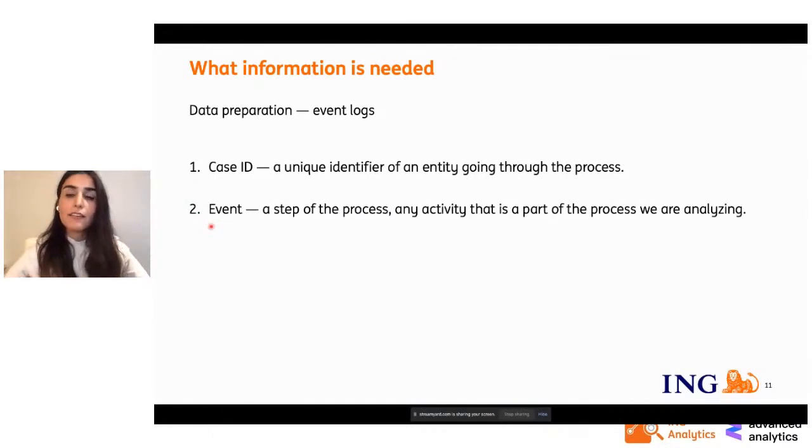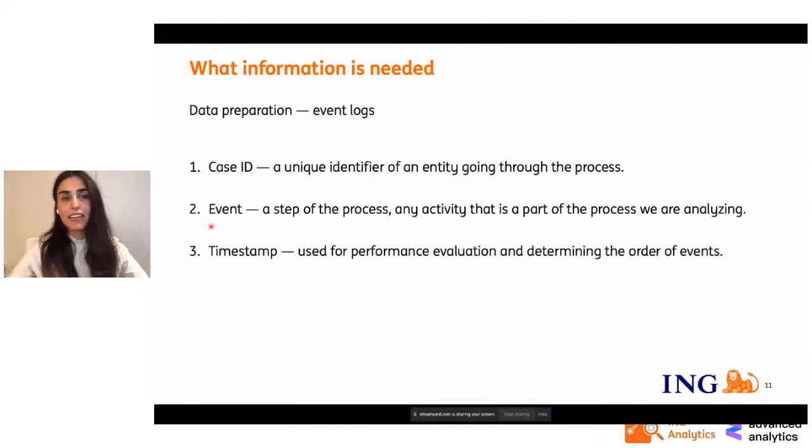Again, it can be opening an account, depositing, or in the hospital case, every single action that a case or a patient can perform. And of course, once we are talking about processes, time or sequence of actions comes into the picture, which is the timestamp, or if we are not sure that we have the exact time of performing a specific activity, at least we need to know the sequence of actions.